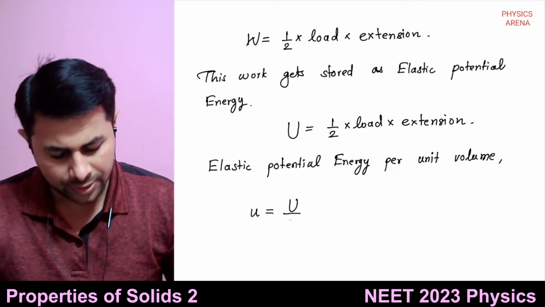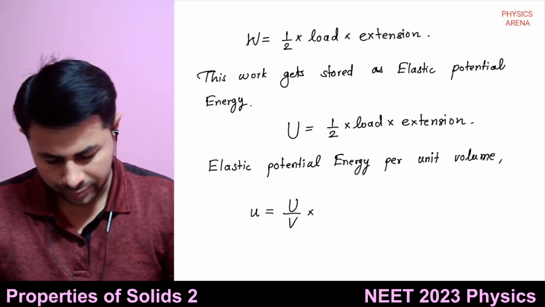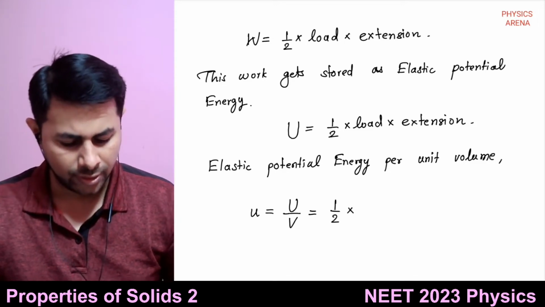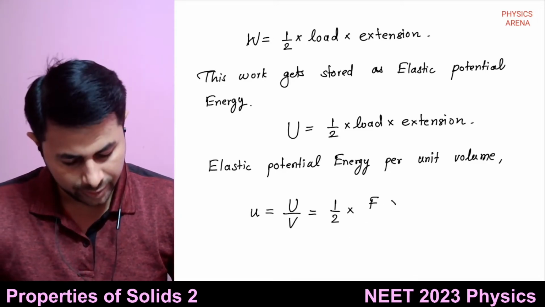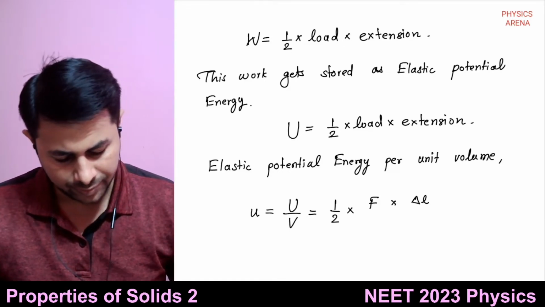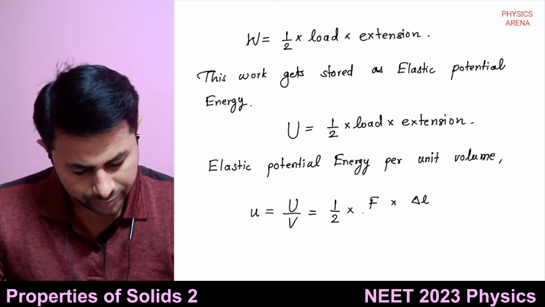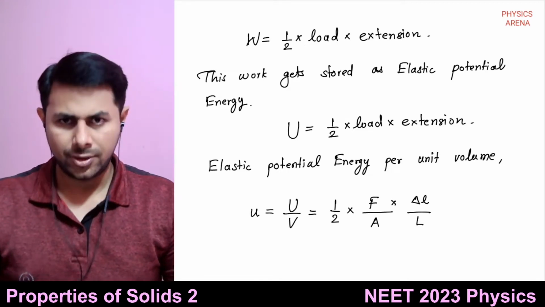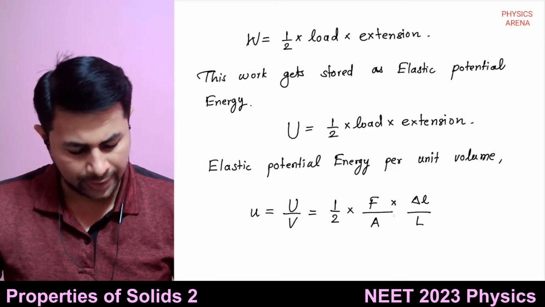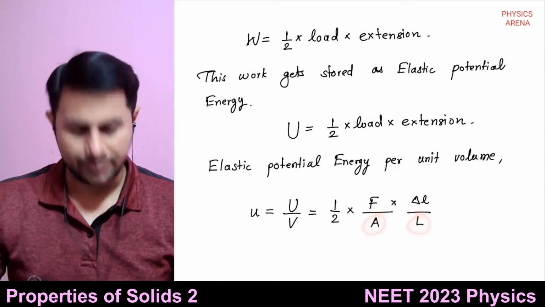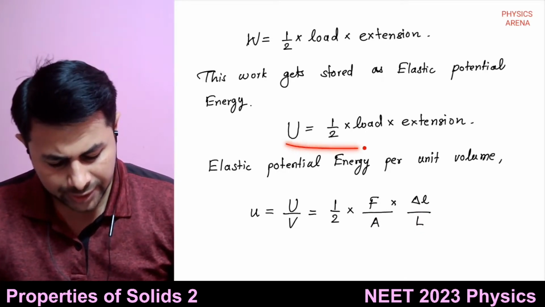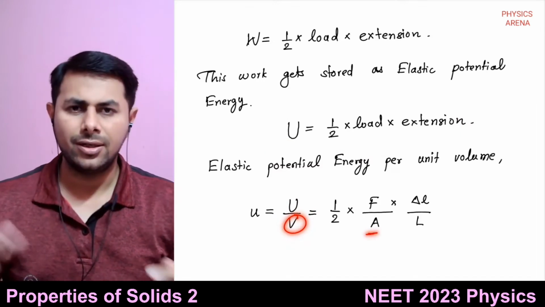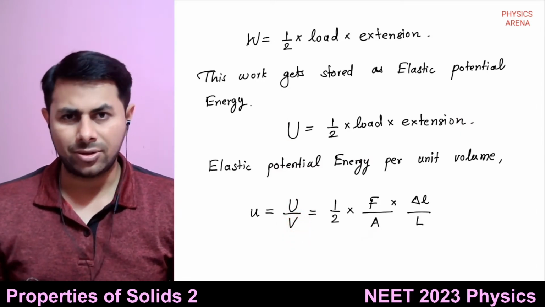It is capital U divided by V, and it is equal to what? Half of load. Load is F multiplied by extension is delta L, and I will write volume as A multiplied by L. So what I have done is I have just written this formula of U, and I have divided by V. V is area of cross section multiplied by length of the wire.